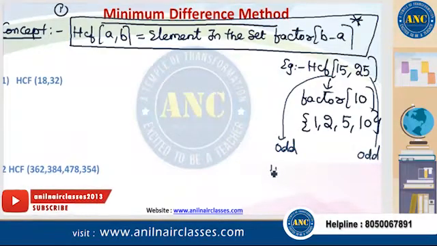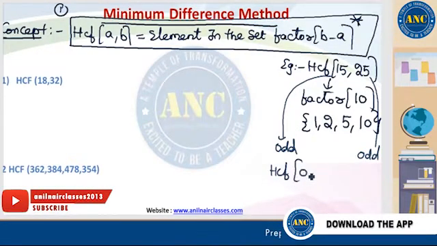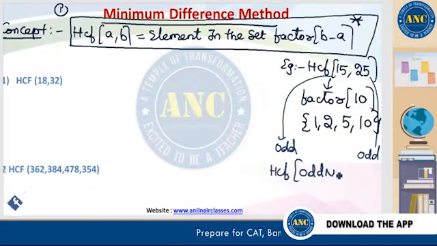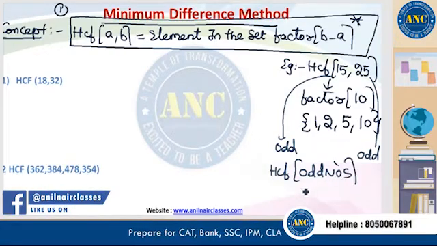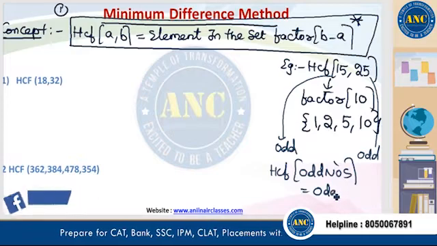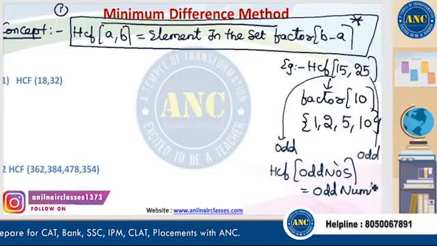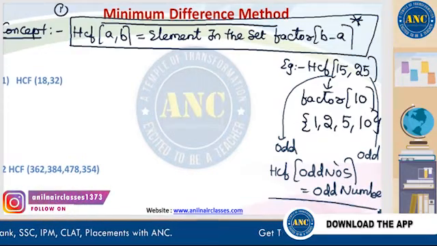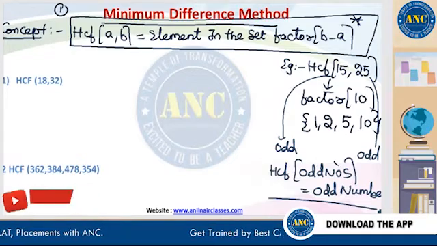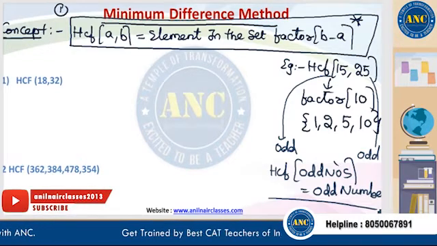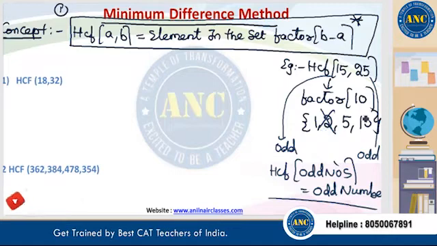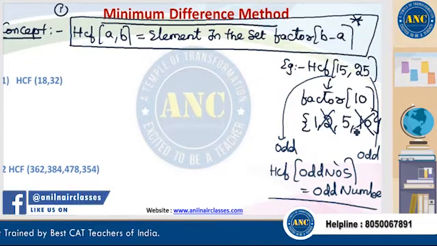Already we discussed, HCF of any number of odd numbers will be an odd number. So answer cannot be 2. Answer cannot be 10. It cannot be 2 and 10.